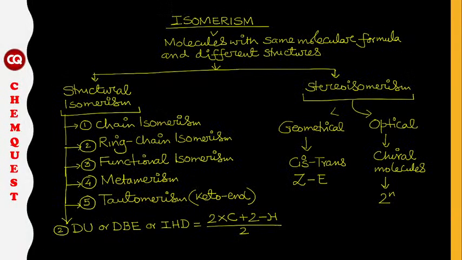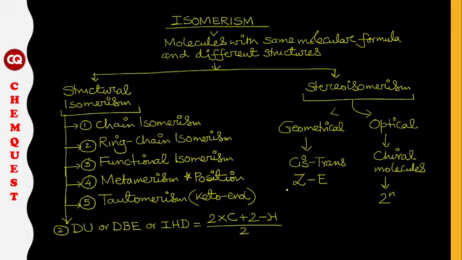First one, isomerism, general slide. Chain isomerism, ring-chain, functional, metamerism, as well as position isomerism also. Position isomerism and tautomerism and the DBE, IHD part. In this case, you have to include another part, geometrical cis-trans and optical part.